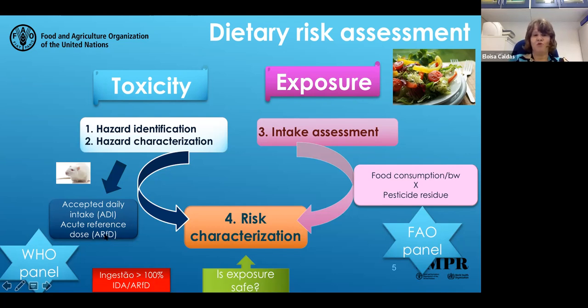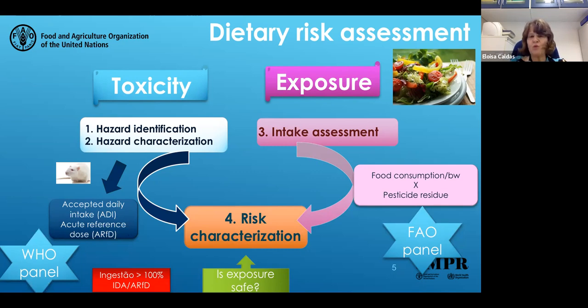Because some compounds, all the compounds should have an ADI, which is the safe exposure level for chronic exposure, but not all the compounds have or need an acute reference dose. So for compounds that are of very low acute toxicity, maybe the meeting should decide that an acute reference dose is not necessary.